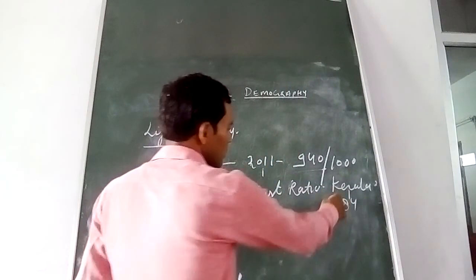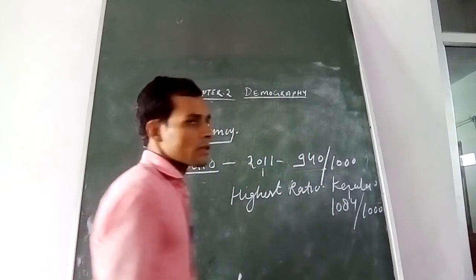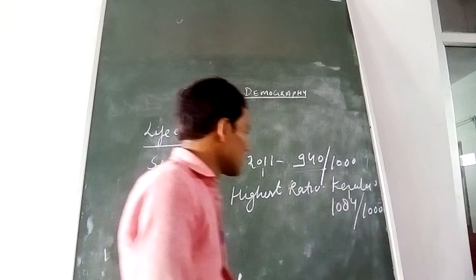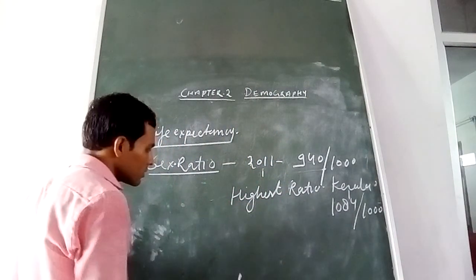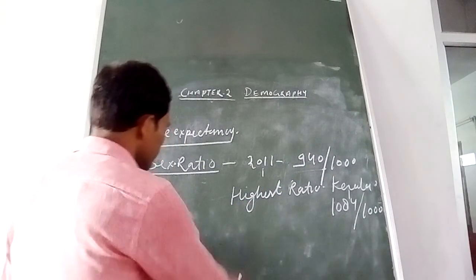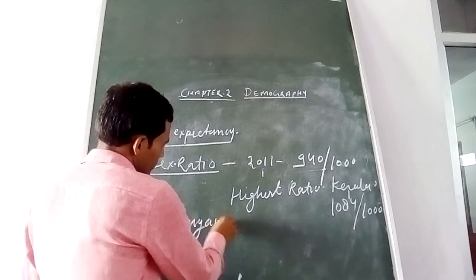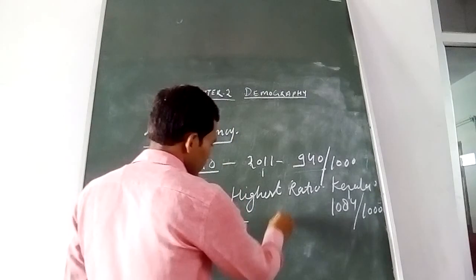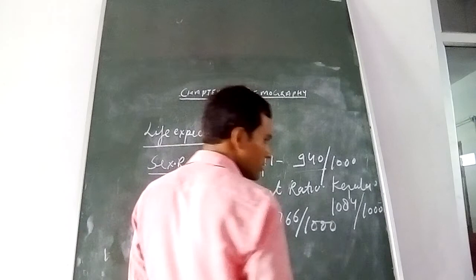It means the number of females upon the number of males. Kerala is situated in the highest position, but Haryana is in the lowest position, approximately 866 per 1000.